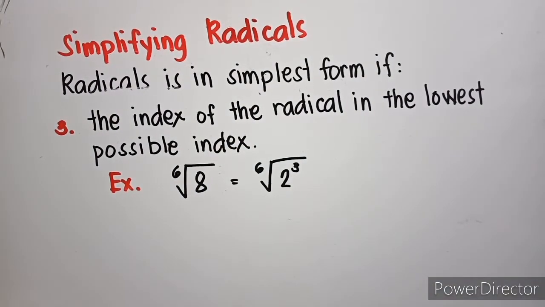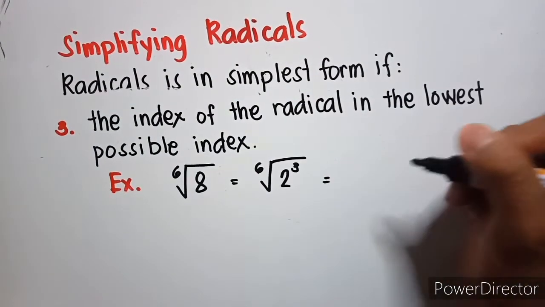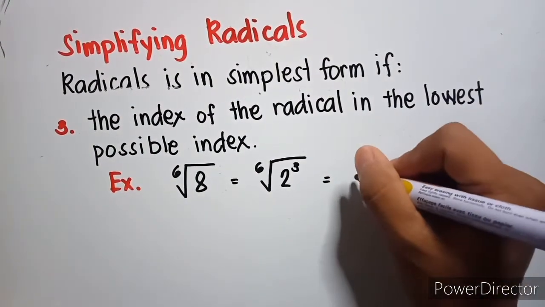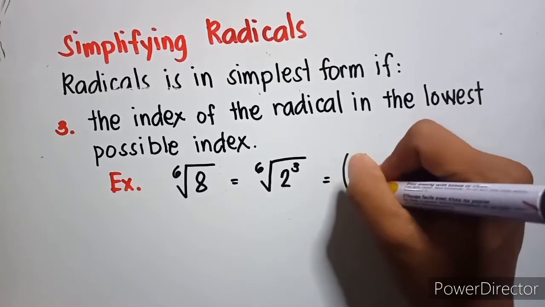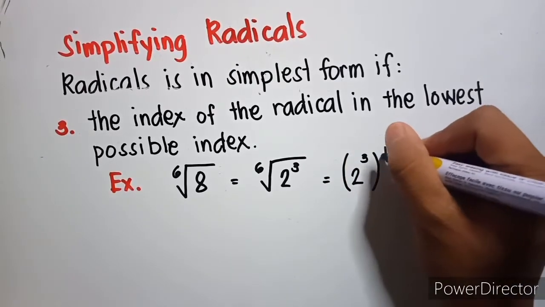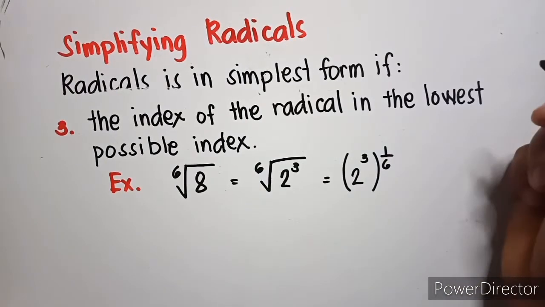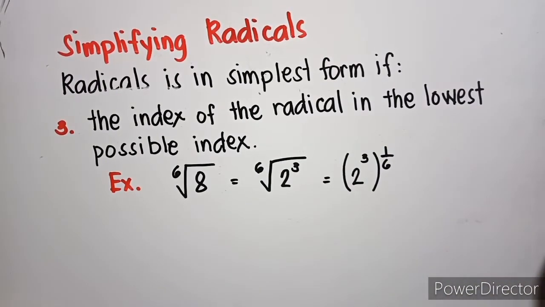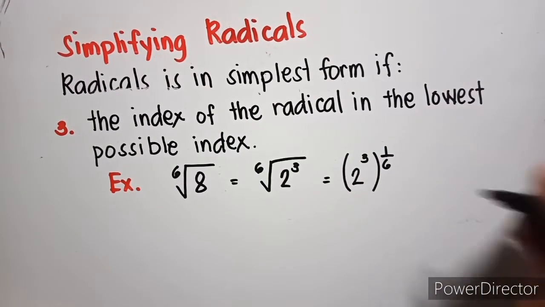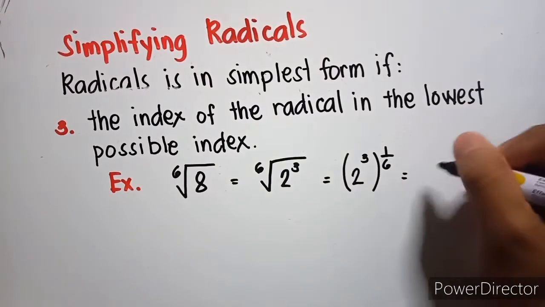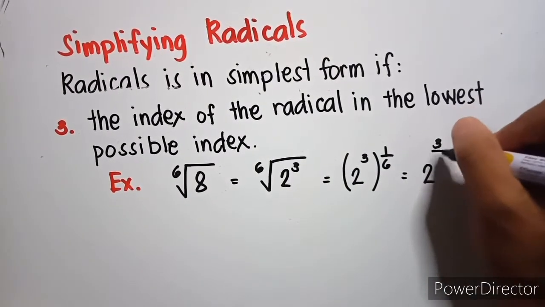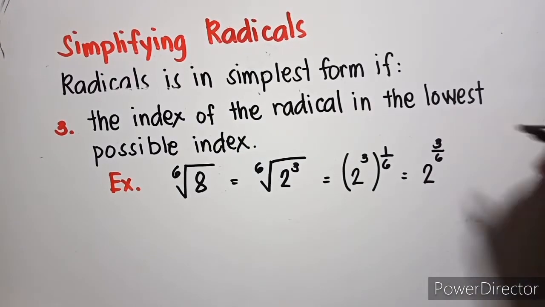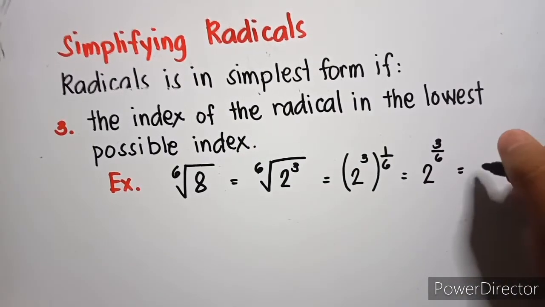Then, simplifying this, we're going to transform this in exponential form. So, magiging siyang 2 cube raised to 1 over 6. Then, applying the laws of exponent, this will become 2 raised to 3 over 6, and 3 over 6 is 1/2.